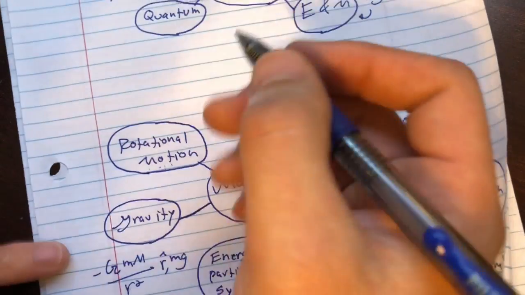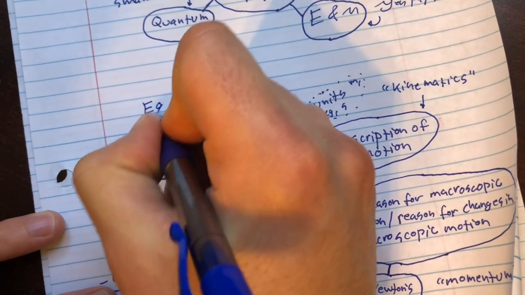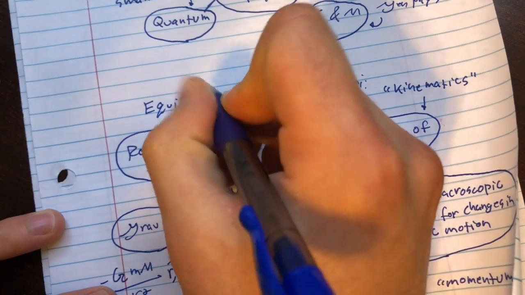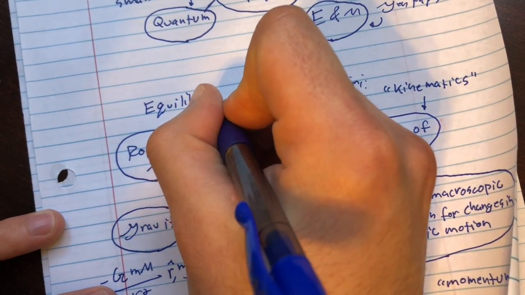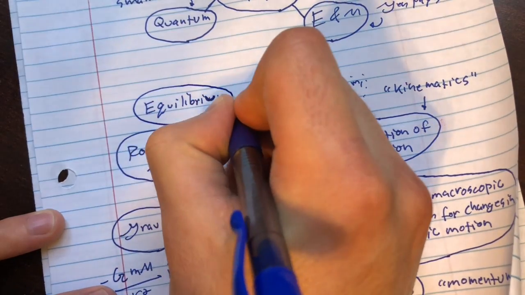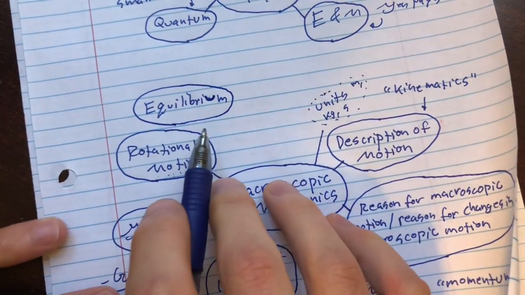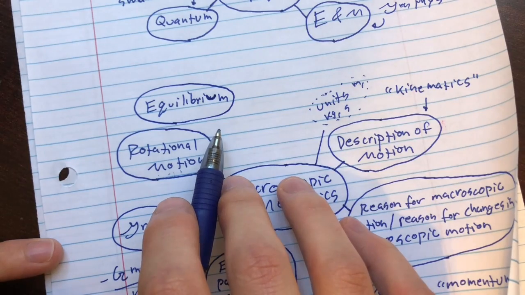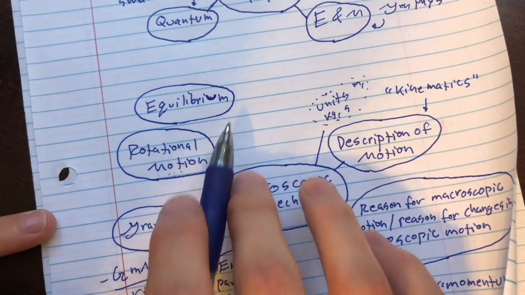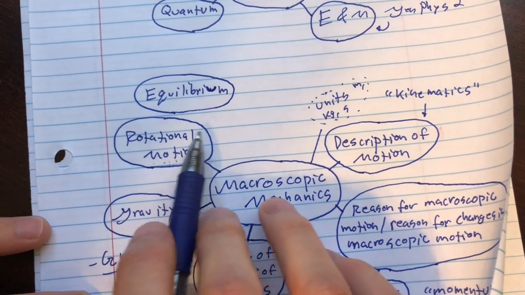After this, you can get into a little bit of equilibrium. This is going to get into, let's say we have somebody standing on a ladder. You're going to balance your force pairs.